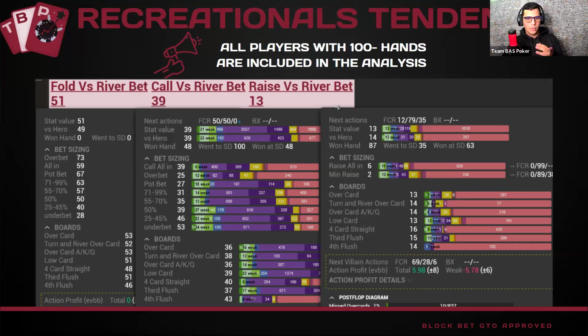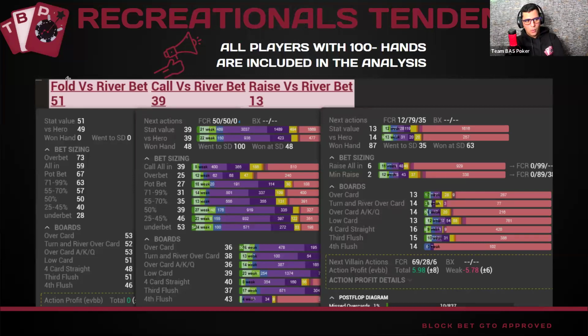So here in front of you, you have a range research that is made on all players that have 100 hands and less, that will be included in this research here, and you have all players against whom I did a bet on the river.